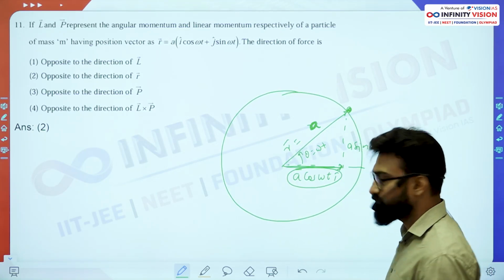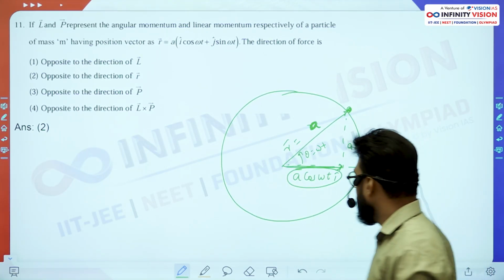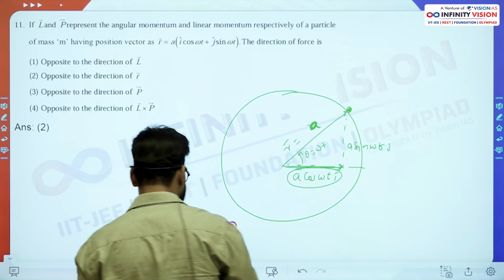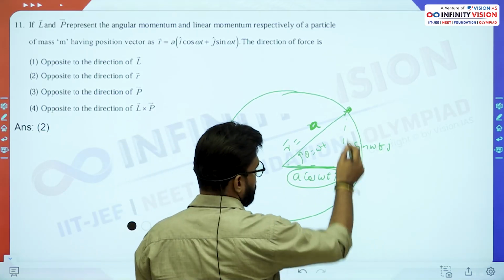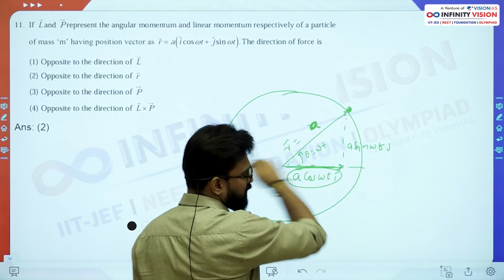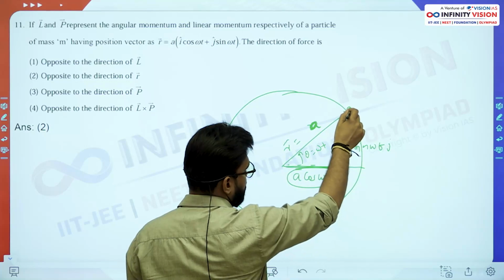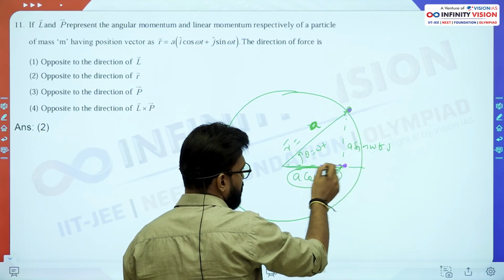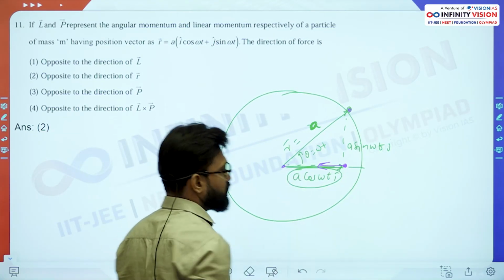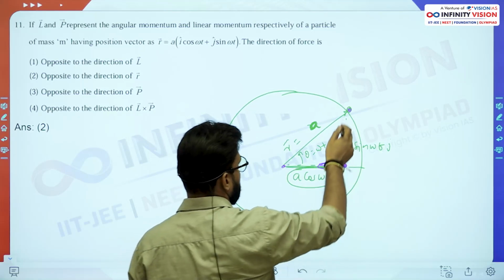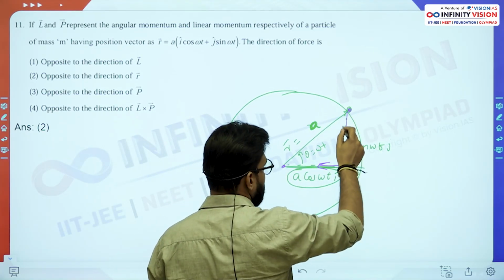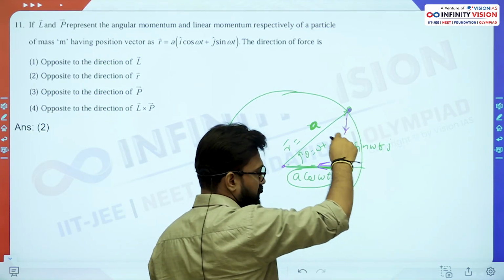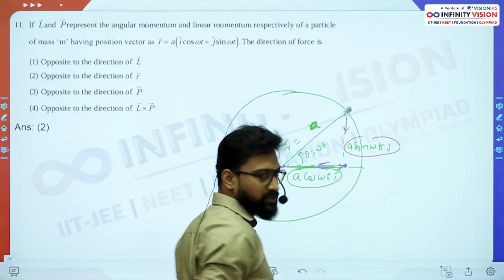So that means this is an expression for SHM. It means along the x-axis this particle is oscillating just like this. So at any particular point it would have a restoring force towards its mean position. This is also an equation for SHM along the y-axis.